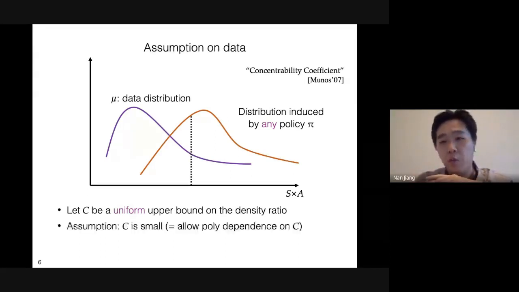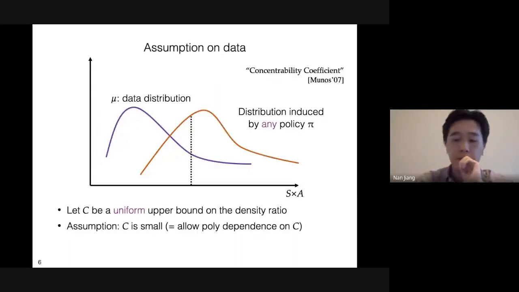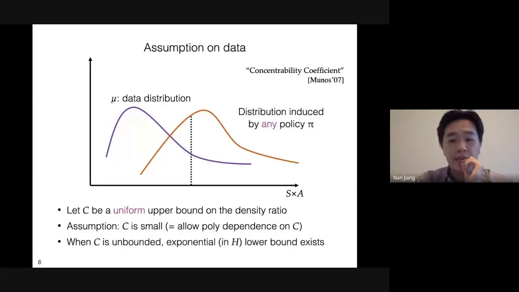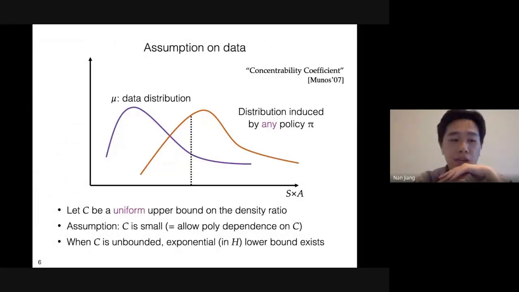The assumption here, when we say that the data is exploratory, is that the concentrability coefficient C is small. Or alternatively, in our sample complexity result, we allow ourselves polynomial dependence on C. Now you can ask, do we really need this assumption?